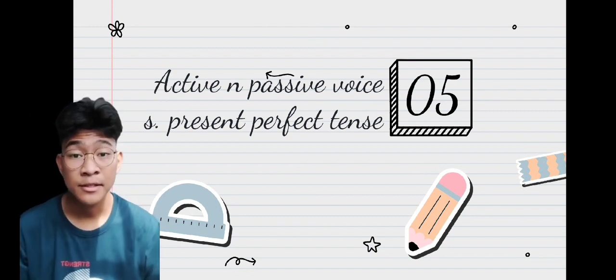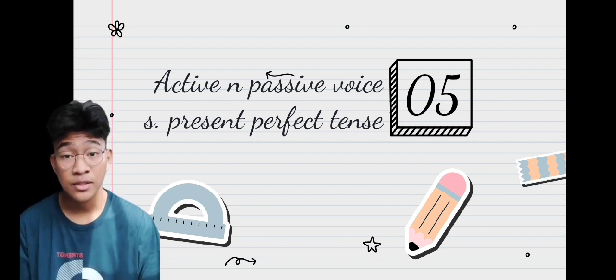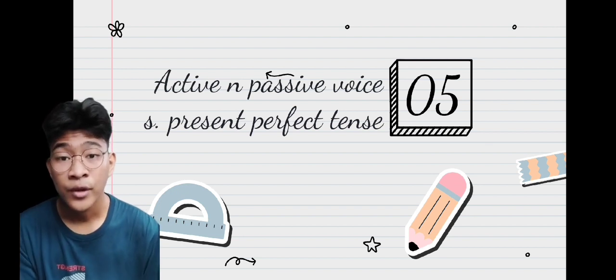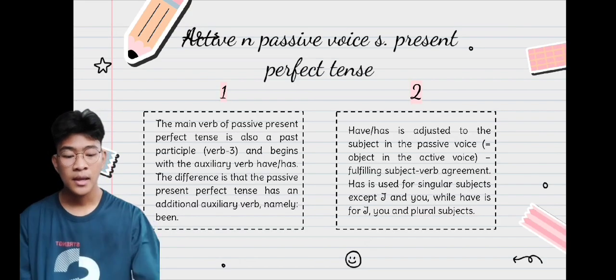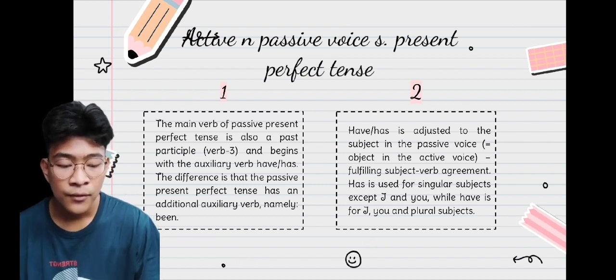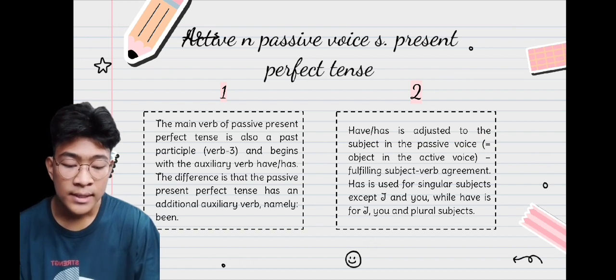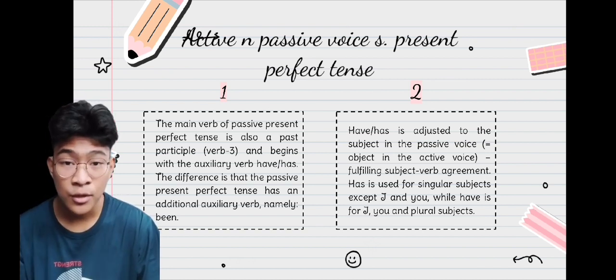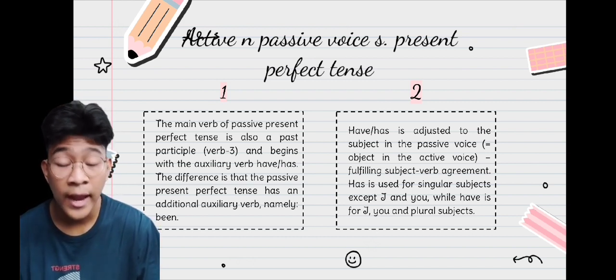My name is Taufik. My student number is 2103050013. Alright. Active and passive voice with the simple present perfect tense. In active voice, the subject of the sentence is the doer of the action, while in passive voice, the subject of the sentence receives the action.